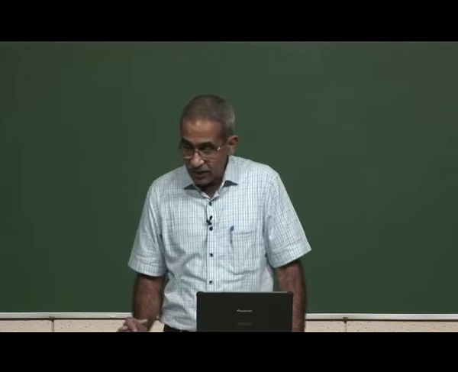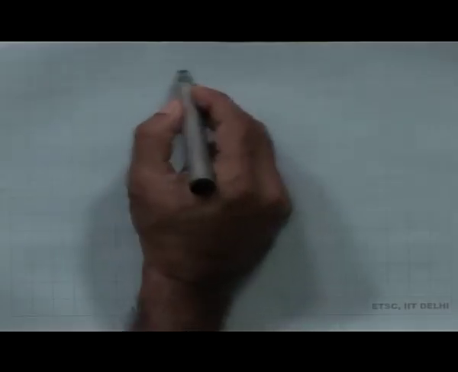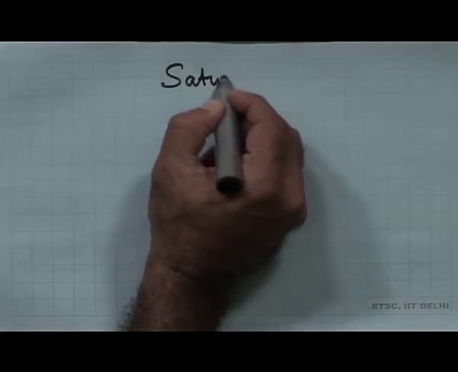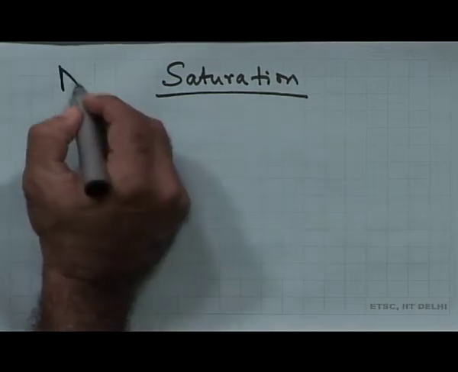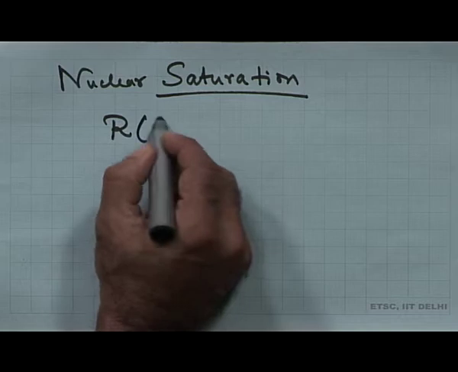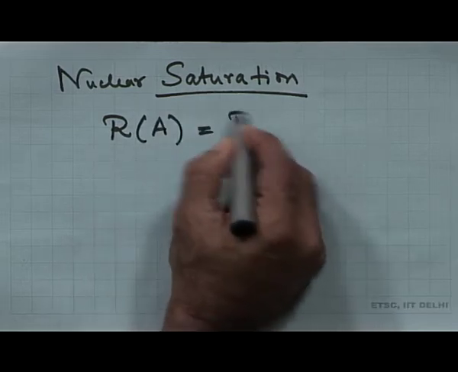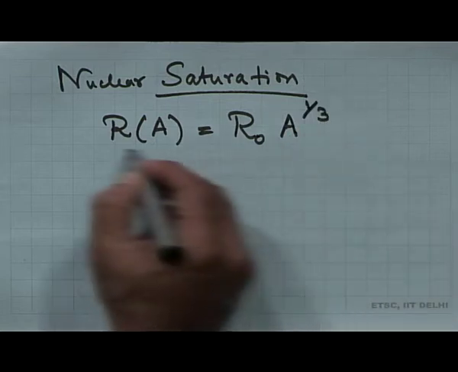All of it can be summarized in a simple formula, as I told you. Let us call it nuclear saturation. The radius as a function of A is given by some constant R naught into A to the power of 1 by 3.